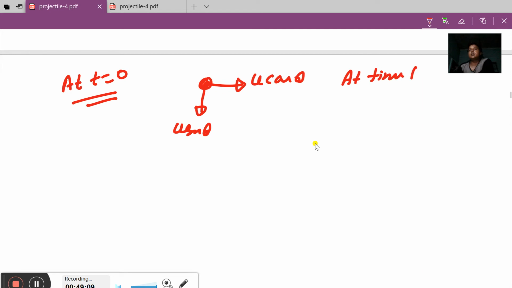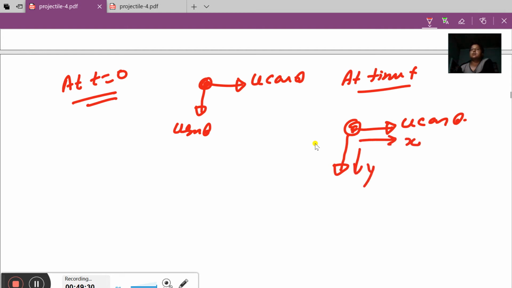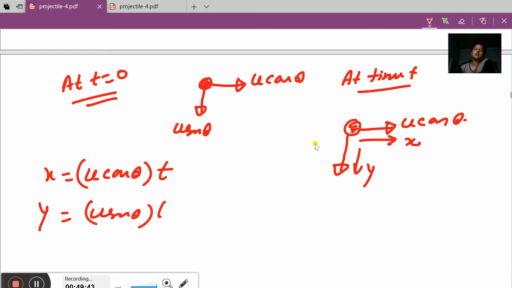At time t, horizontal speed remains u cos theta and vertical speed becomes different. Suppose horizontal displacement after time t is x, vertical displacement y. So x equals u cos theta into t, and y is u sin theta t plus half g t square.